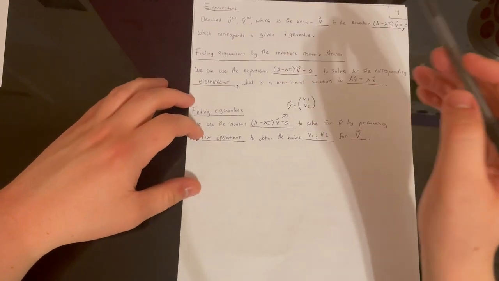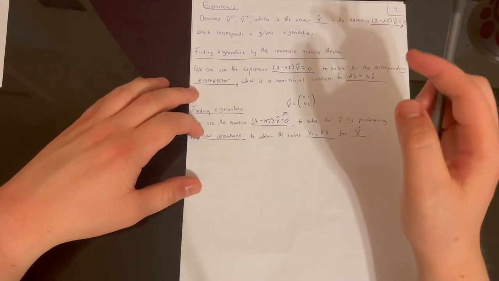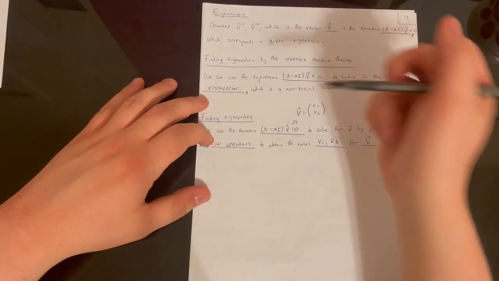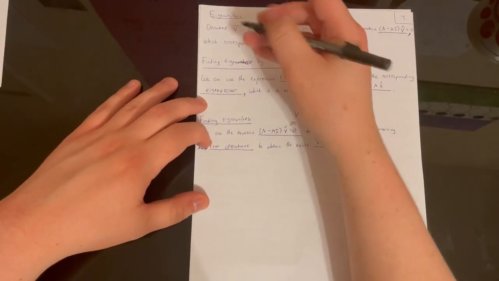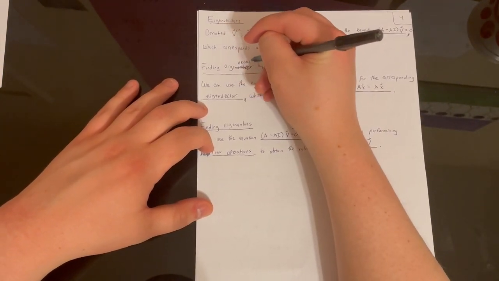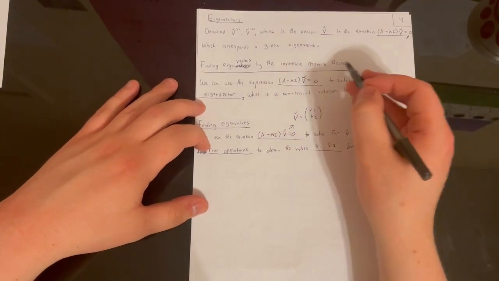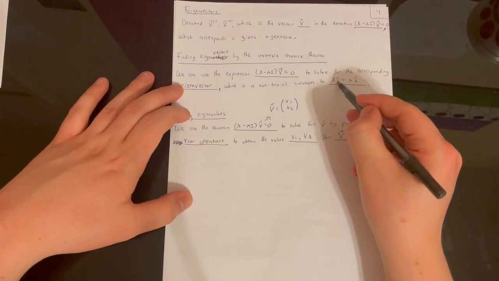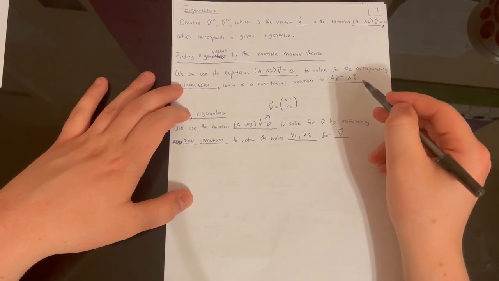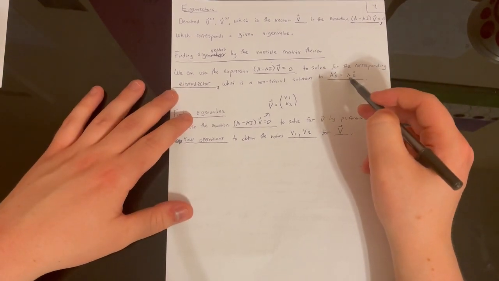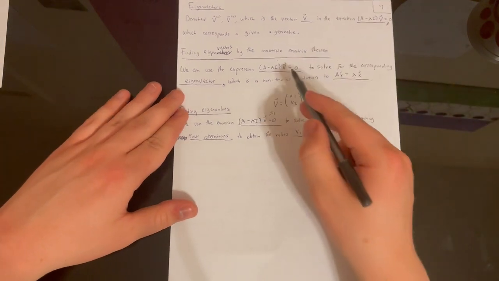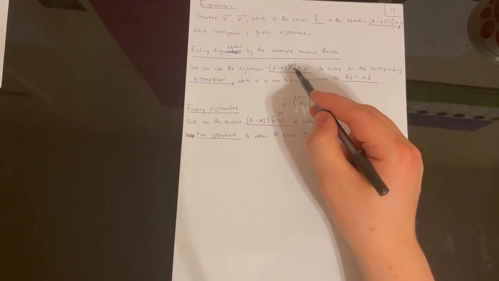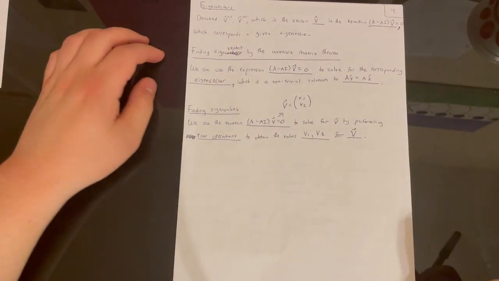So now we are interested in finding the eigenvectors, by the invertible matrix theorem. So we are looking for a vector x right here, which satisfies this inequality. So first we find our eigenvalues right here, and then we use this equation to solve for v, which will give us our eigenvector.